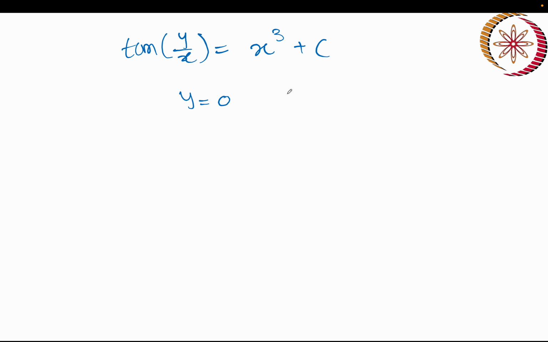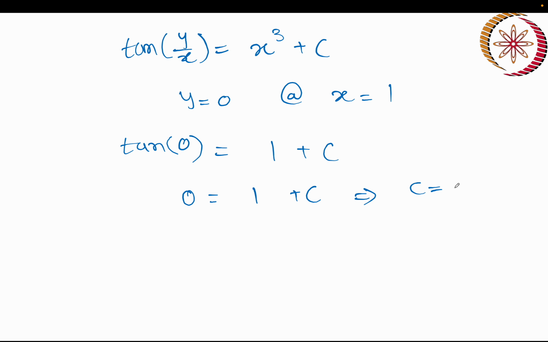Y is equal to 0 at x is equal to 1, so we write 1 plus c, and tan of 0, which is 0, is equal to 1 plus c, and that gives c is equal to minus 1. So this is the c value.